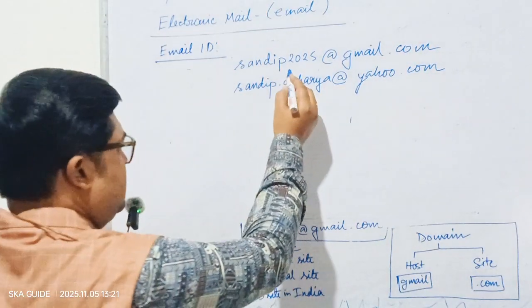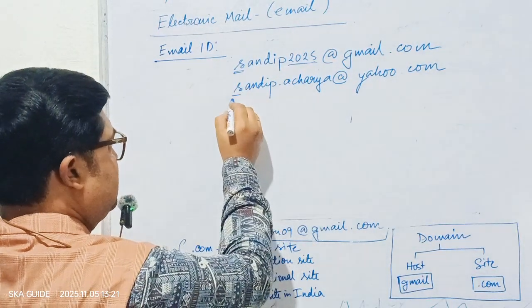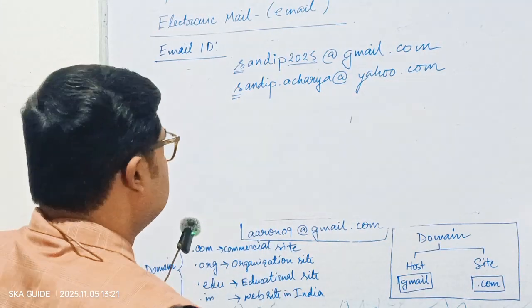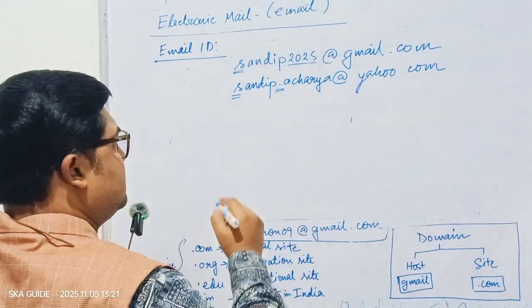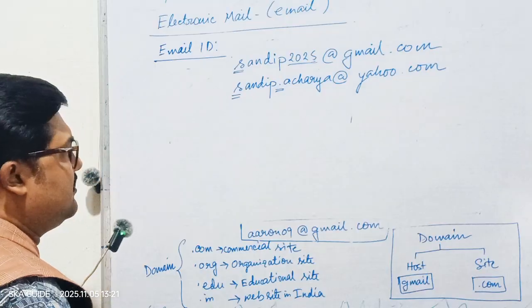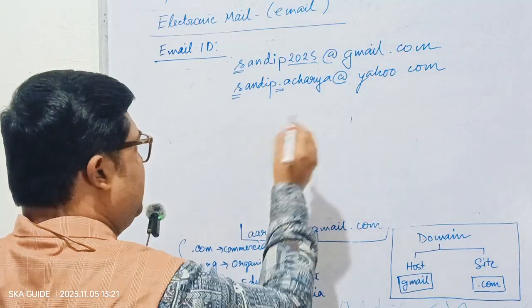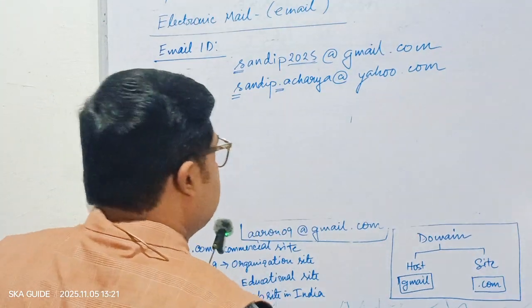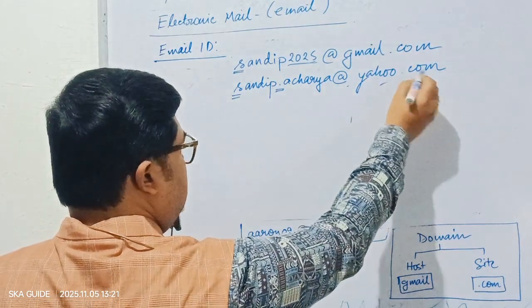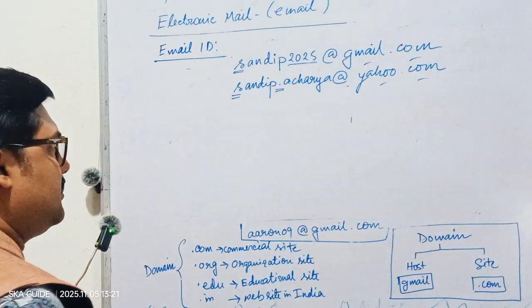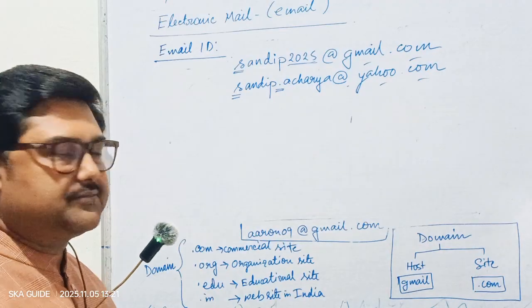You can put some numbers, but generally we start with a letter, not with a number. You can have some special symbols like dot, underscore, hyphen in between two strings or letters, followed by the at sign, then yahoo.com or gmail.com, whichever mail server you are creating your mail ID in.